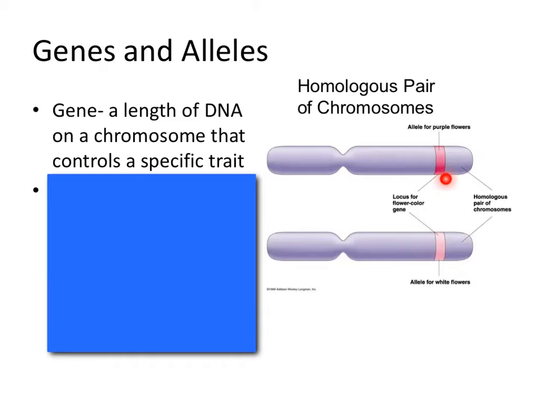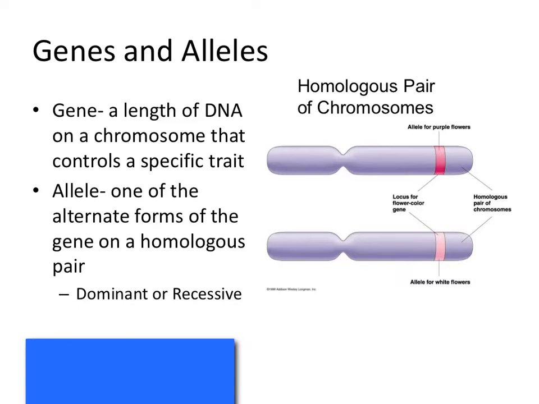And here at the end of the chromosome, on both of them, notice in the same spot, we've got the gene for flower color. All right, so that's this bit of DNA. All of these types of plants are always going to have that gene in the same spot that controls the color of the flowers. Okay, but sometimes those genes are a little bit different. They send a slightly different message. That's the allele, or the factor that he called them.